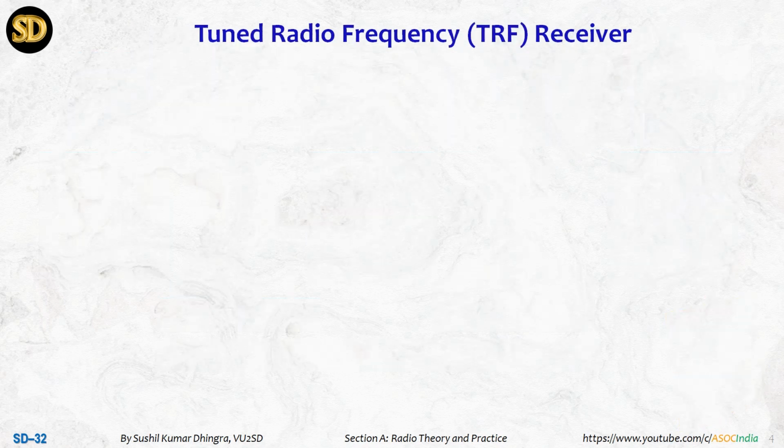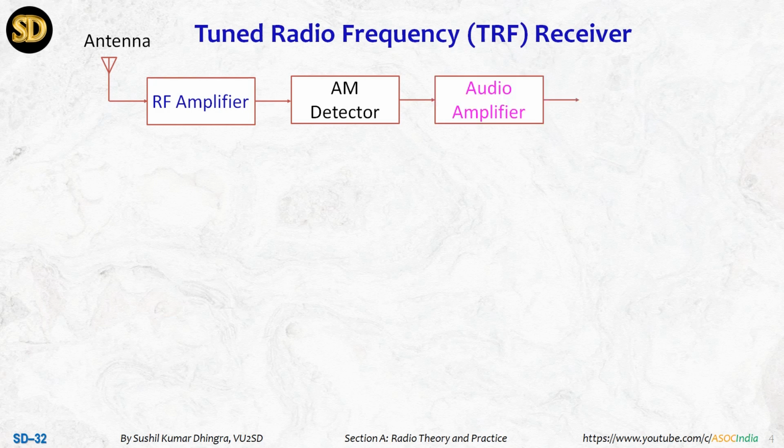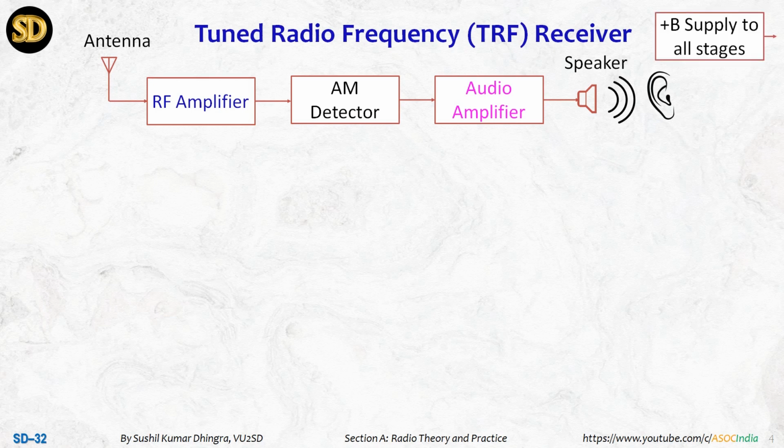Just to recap the tuned radio frequency receiver: antenna receiving signal and converting it to an electrical signal, RF amplifier, AM detector, audio amplifier and speaker, and finally we are listening to the audio transmitted by the broadcast stations. And of course a power supply is very essential to work an electronic device.